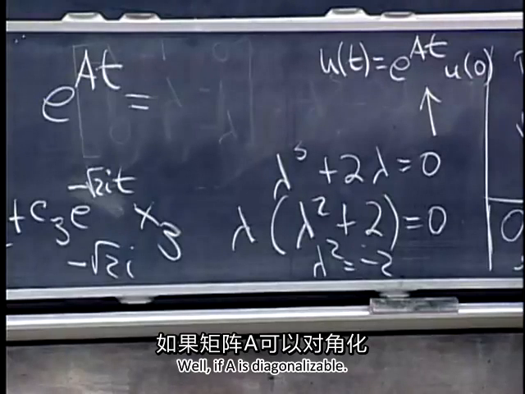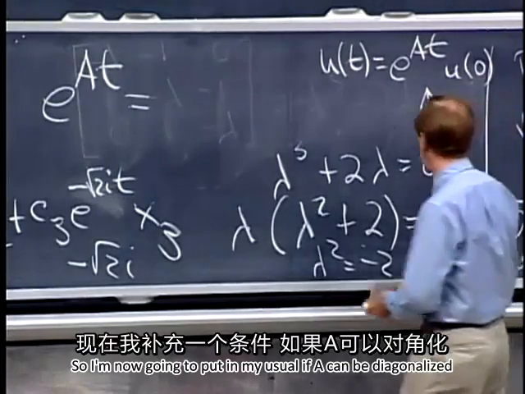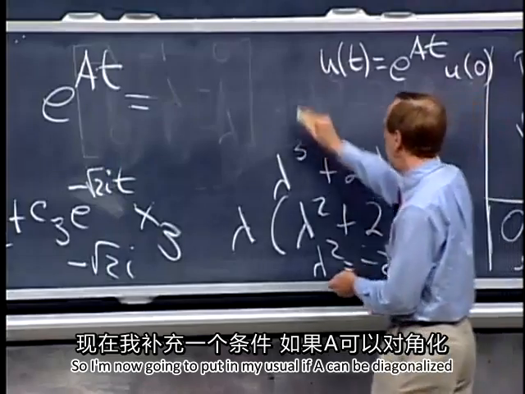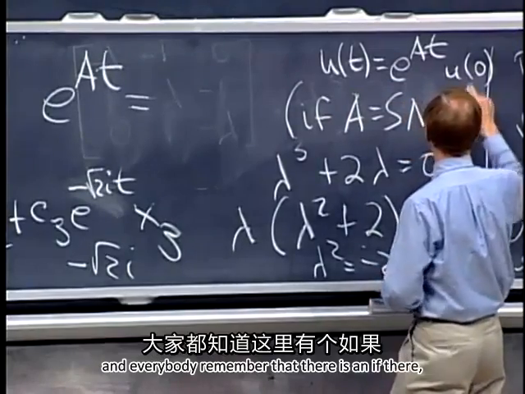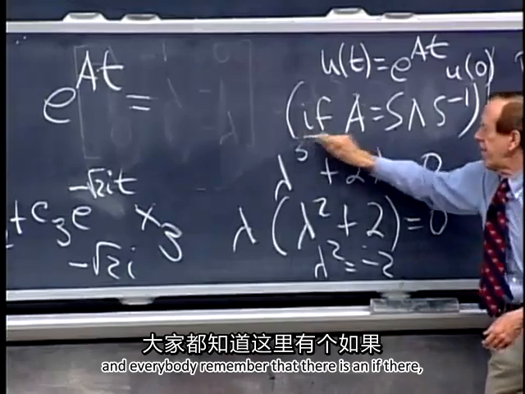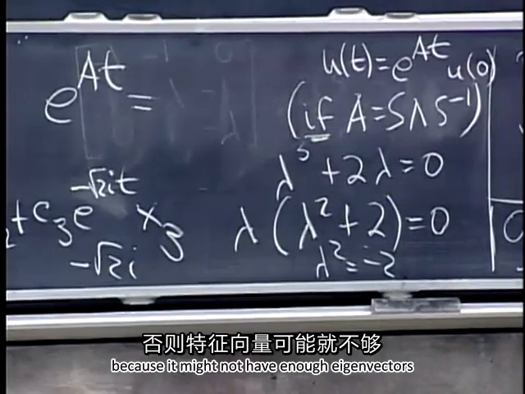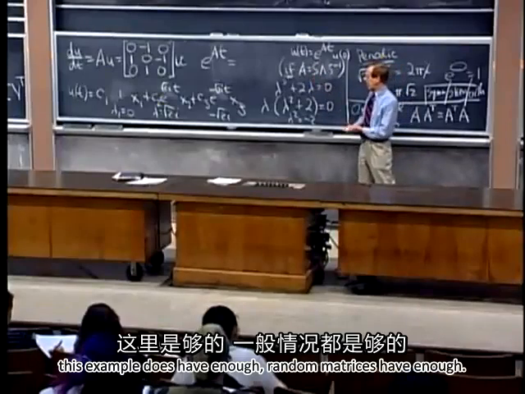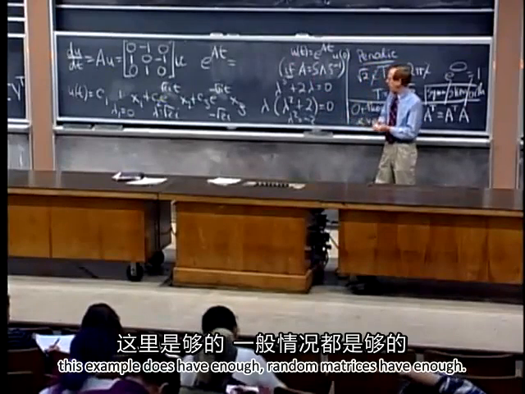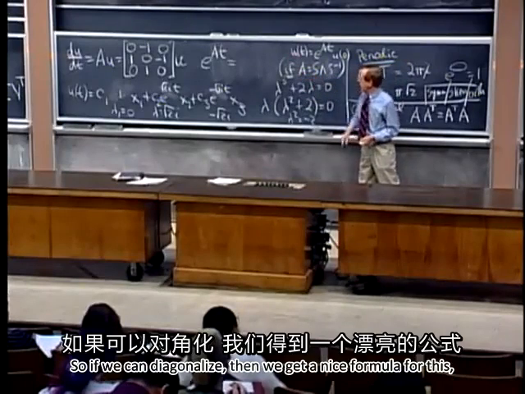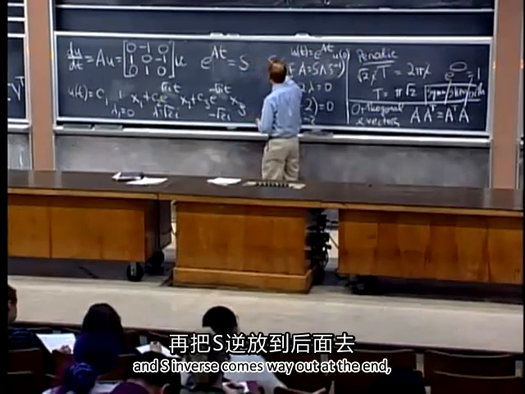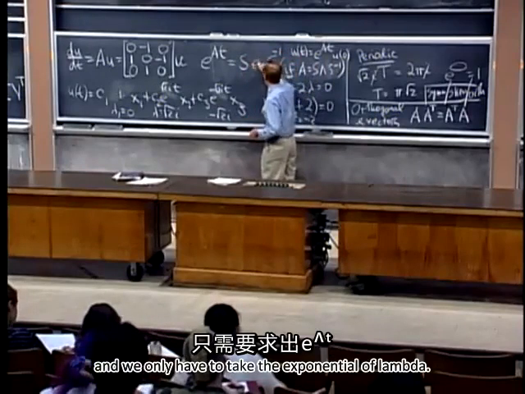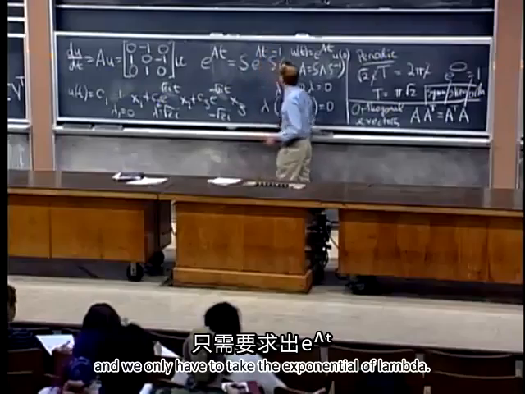Well, if A is diagonalizable, so I'm now going to put in my usual if, if A can be diagonalized, and everybody remembers that there is an if there, because it might not have enough eigenvectors. This example does have enough. Random matrices have enough. So if we can diagonalize, then we get a nice formula for this, because an S comes way out at the beginning, an S inverse comes way out at the end, and we only have to take the exponential of lambda.